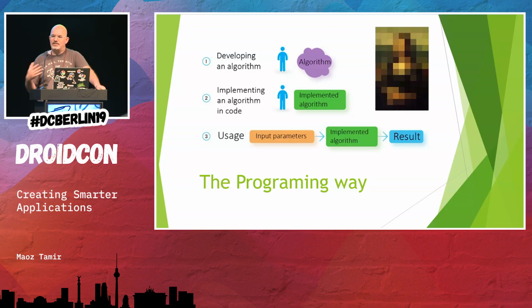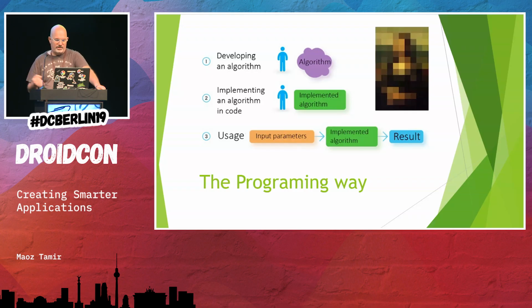If we had some kind of an issue or some kind of a task that we need to resolve, we started with developing an algorithm, and then we implemented it, put in some kind of data, and we got a result.